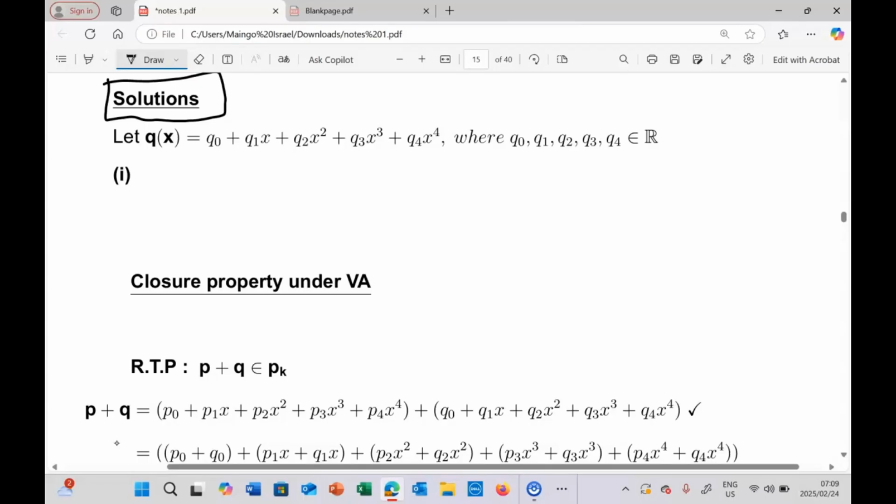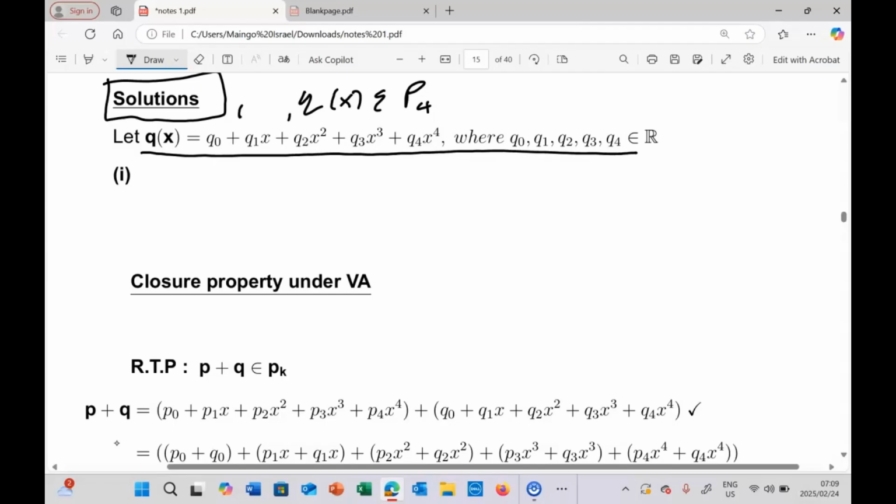So let Q of X be as given: Q of X is Q0 plus Q1X plus Q2X squared plus Q3X cubed plus Q4X to the power 4. Since Q of X belongs to P4, specifically P4, we let Q of X equal this. Remember we're given Q of X, or we'll give P of X only.